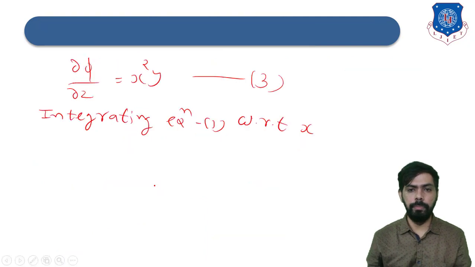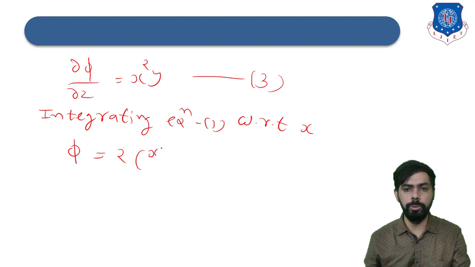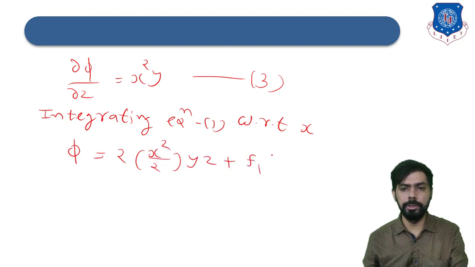So here phi is equal to 2 into x square by 2 into yz plus some function of y comma z. So this will be x square yz plus some function of y comma z.